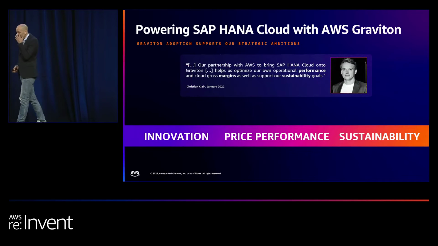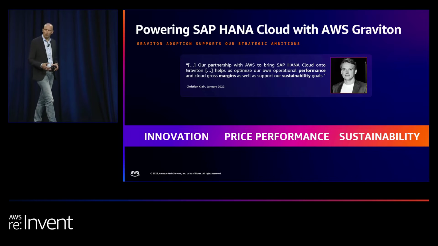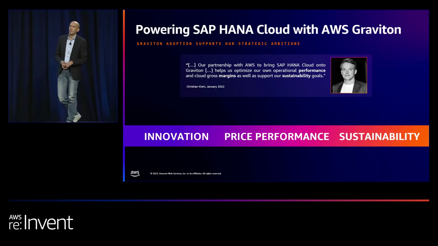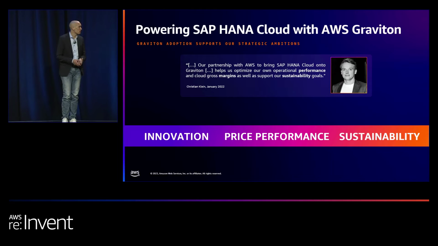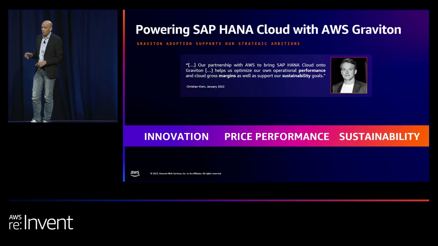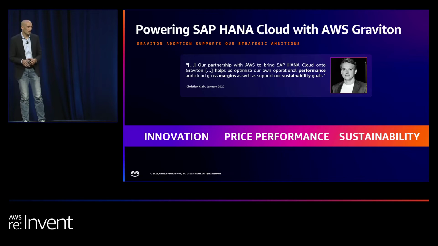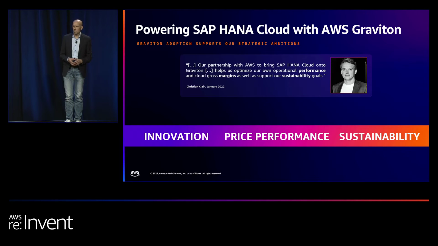Now, why did we start the journey 2 years ago to port HANA Cloud to AWS Graviton? And actually, there were 3 main motivators behind that. The first one is about what is the innovation potential that we see behind that.